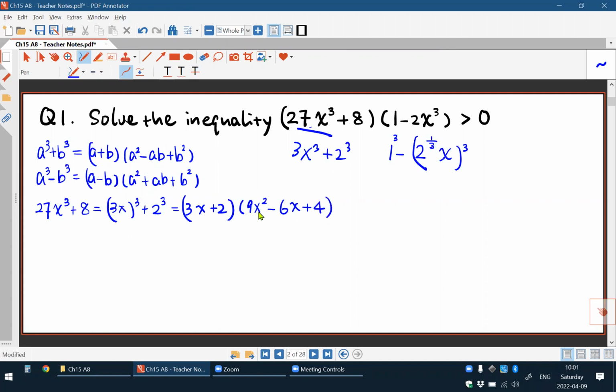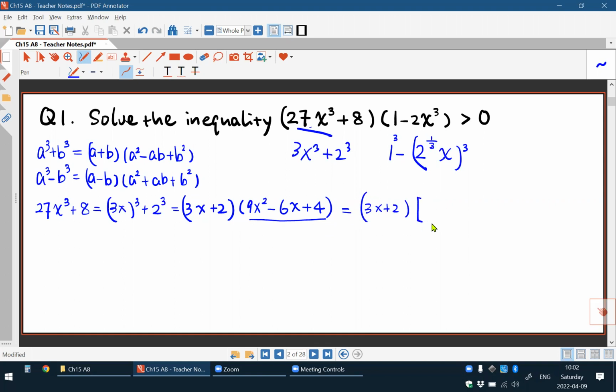Okay, so we have a trinomial here. We have done many times of this factor, and we know actually this part is always greater than 0, right? Why? Because you can write it in vertex form.